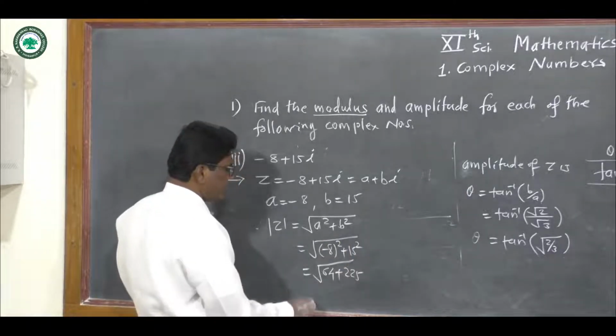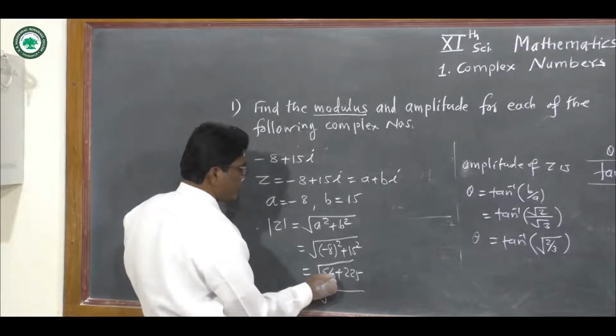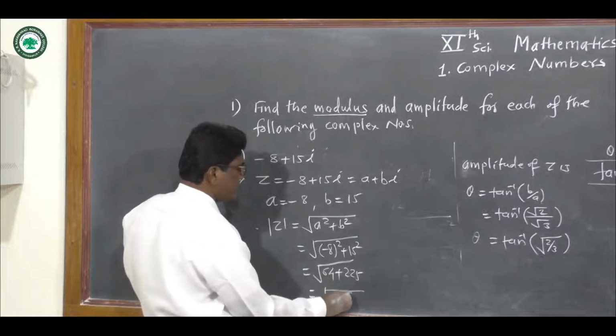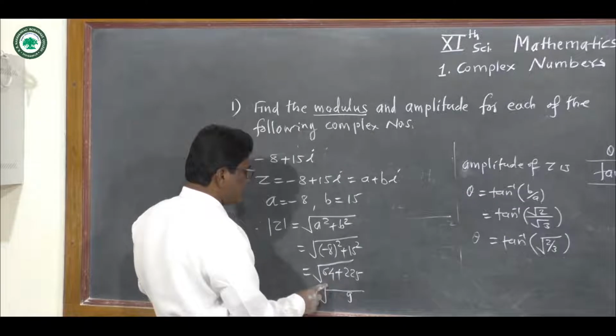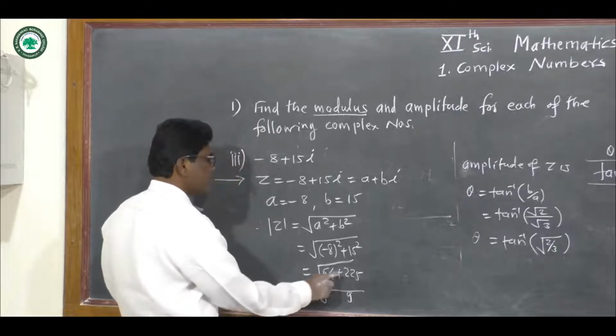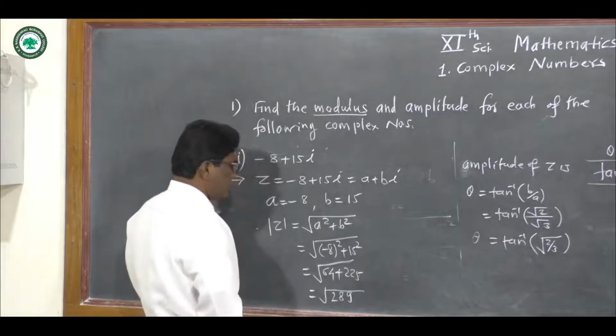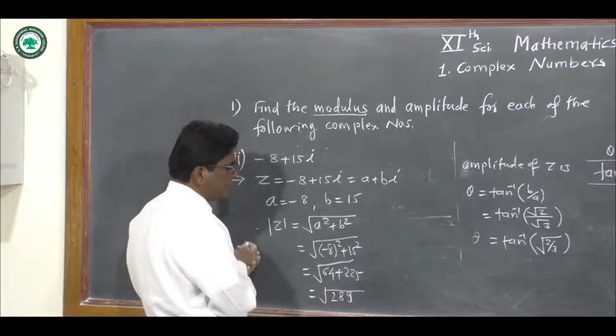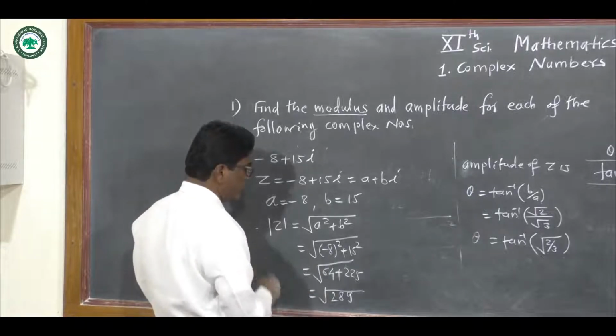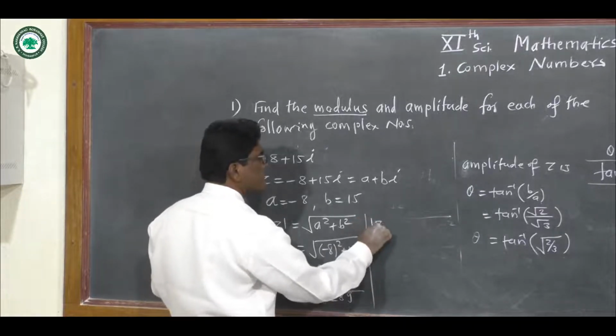Get it? So it is equal to the square root of 289. The square root of this, mod of z, is equal to 17.